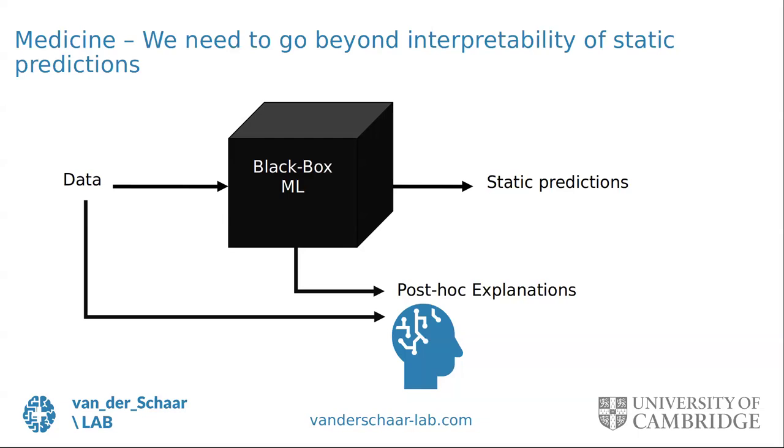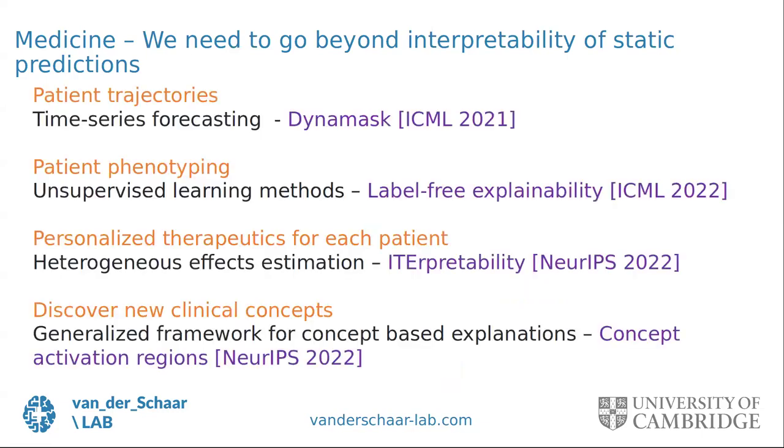This is the traditional idea behind interpretability. We've got data, a black box model, static predictions, and post hoc explanations of those predictions. And we obviously need to, these days, go much more beyond that traditional approach. Some of these methods you've just heard about. We need methods for time series forecasting in order to understand patient trajectories.